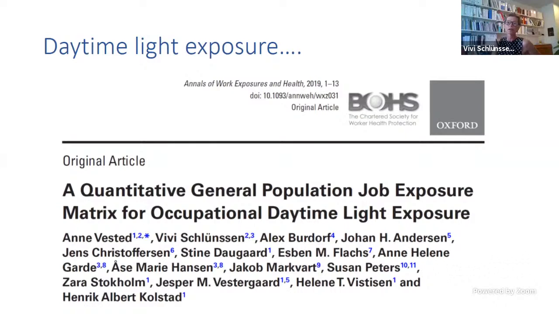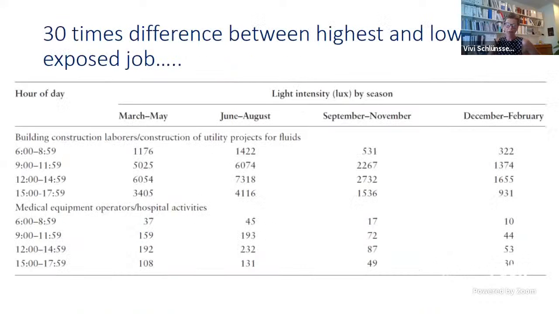The modeling procedure was very similar to the one Susan told you about for SynGEM. We were able to see a 30 times difference between the highest and lowest exposed job by including season and time of the day, among others. And we could explain more than 80% of the variability between jobs with this job exposure matrix.